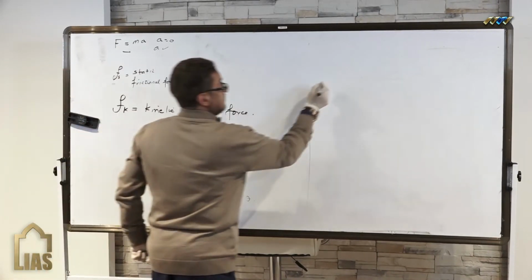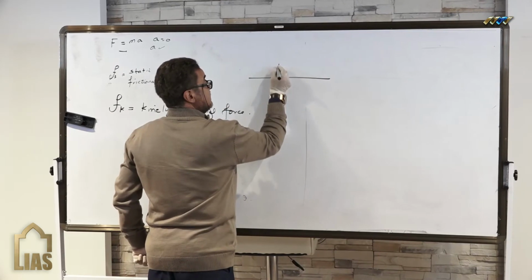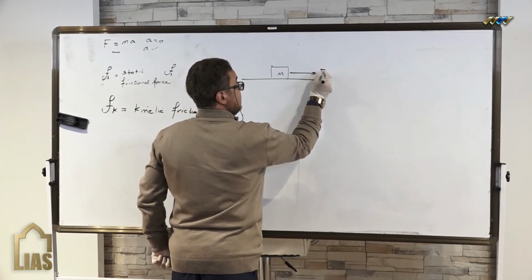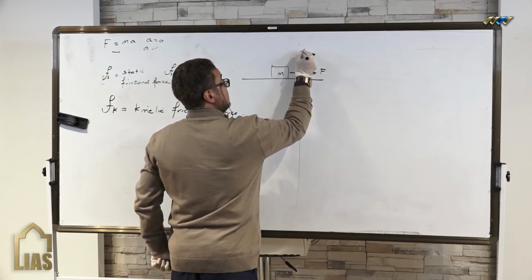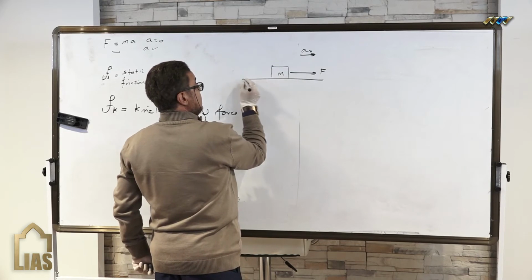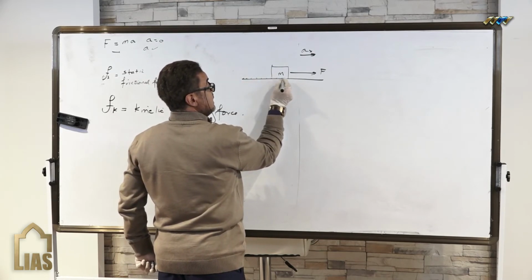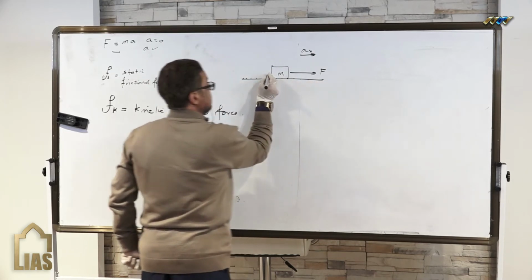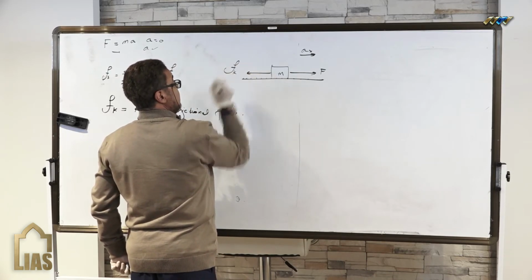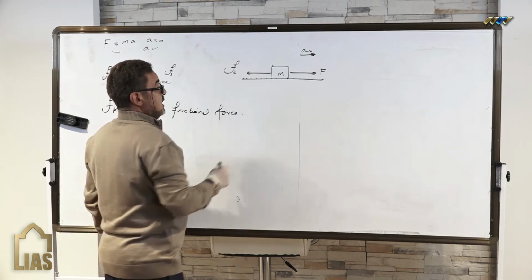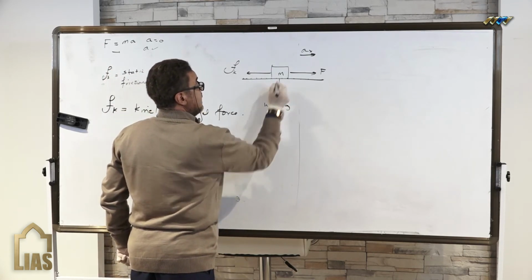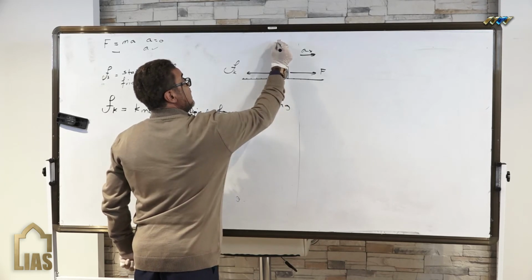Here, let's say this mass m goes with F in this direction, ax, okay? And here, this is the rough surface, which has the kinetic frictional force. We have here the mg, which is the weight, and we have here the Fn.